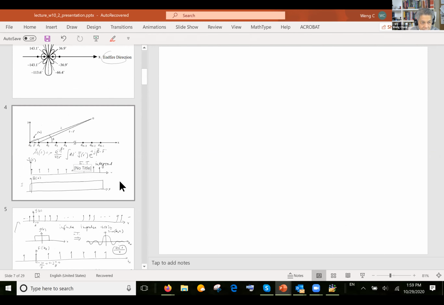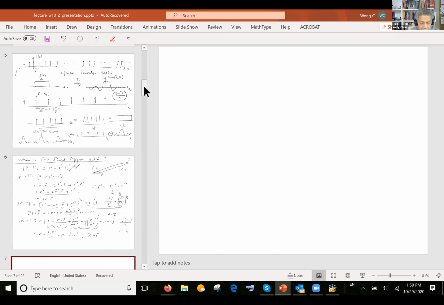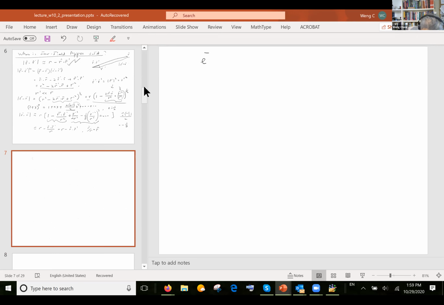I will have to multiply by this thing because the approximation is actually made in the exponential part, which means that I'm actually going to, and beta is not small.